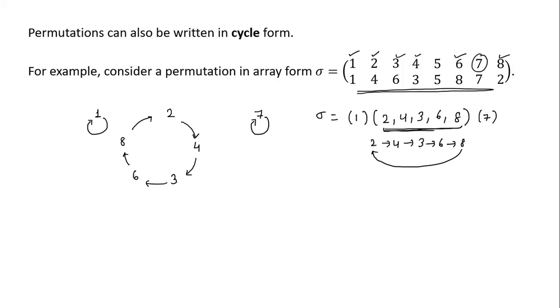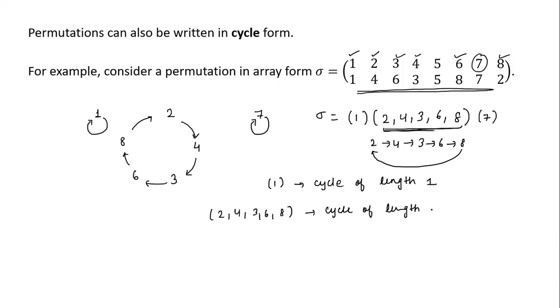Here if you look at this cycle, which is having just one element, it is a cycle of length 1. If we look at the cycle 2, 4, 3, 6, 8, then you can see it is having 1, 2, 3, 4, 5 elements in it. It is a cycle of length 5.